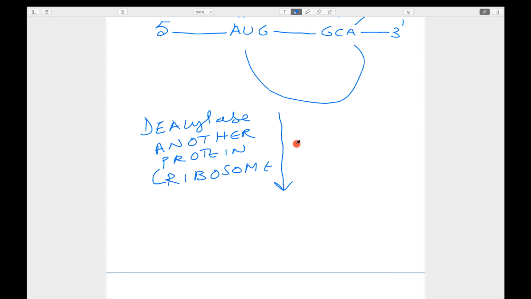It cleaves the peptide. Earlier peptide bond formation had taken place, and now it has become a peptide or polypeptide. So the peptide is cleaved.